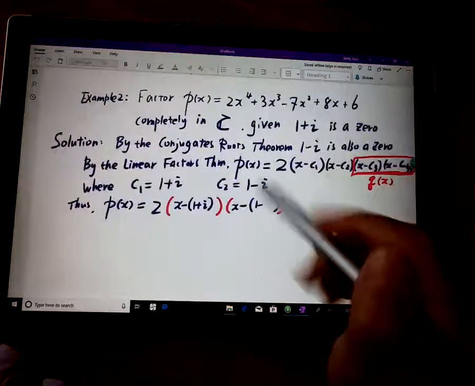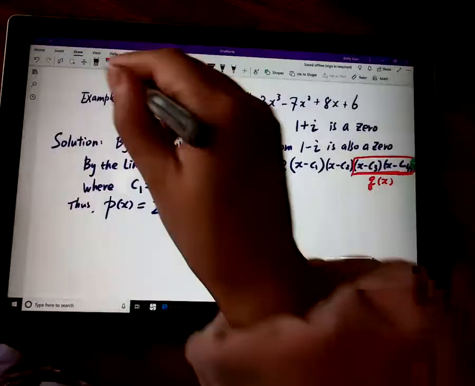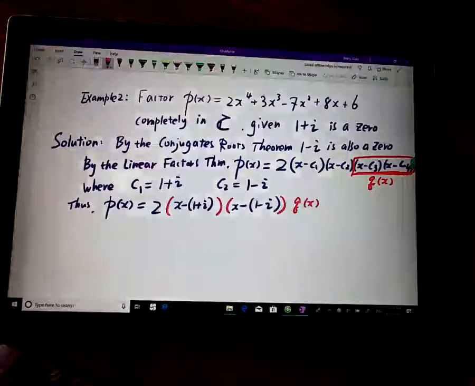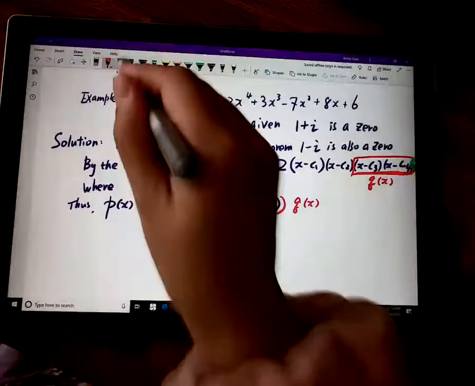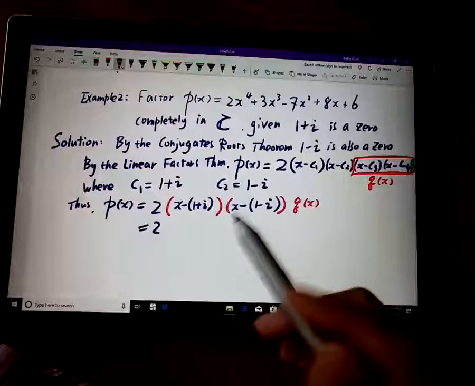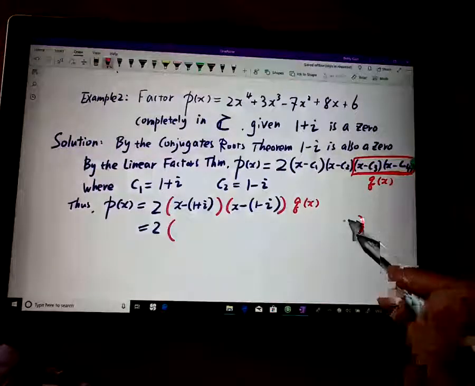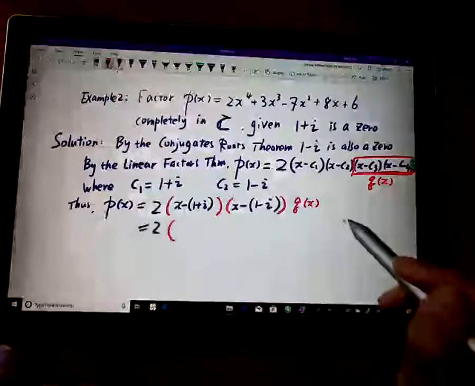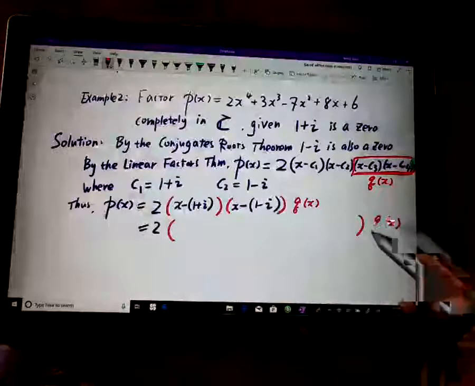So we have 1 minus i here, and then we have Q of x here. I'm going to write 2 here, and I'm going to FOIL. The result of the FOIL, I'm going to put in the red parentheses. Okay?